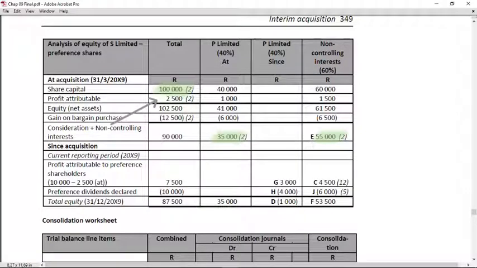Again, no since-acquisition opening balance period, only a current year reporting period section, and this is now where you see the 7,500. So now you can see that we have attributed the 2,500 and the 7,500 to the preference shares, and then the preference dividend got declared being the full 10,000 Rand.